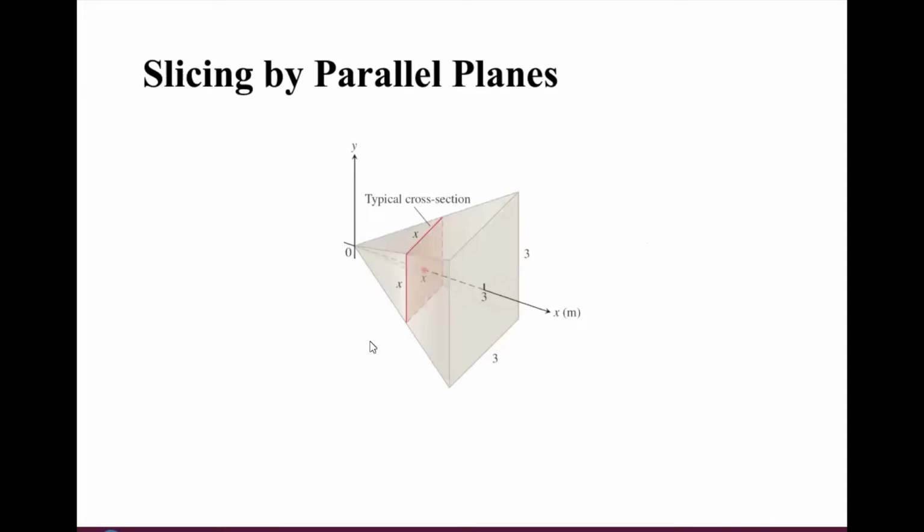All right, so here's what the picture looks like. So notice that we've placed the pyramid along the x-axis. It is 3 meters high, and typical cross section is a square. So for any value of X between 0 and 3, the cross section at the point X is a square, which is X meters on a side.